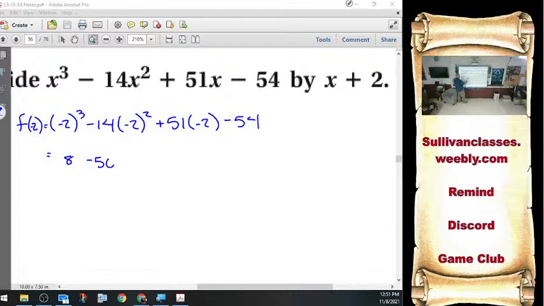Minus 56, minus 102, minus 54. That's a negative. 110, negative 212, negative 220. What was the remainder when we did synthetic division? Negative 220.